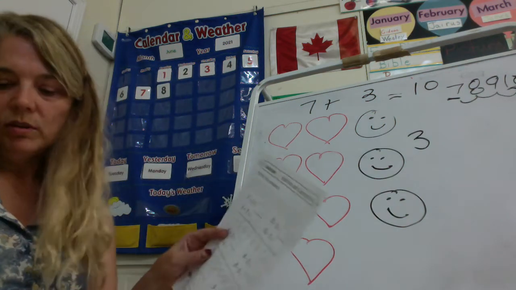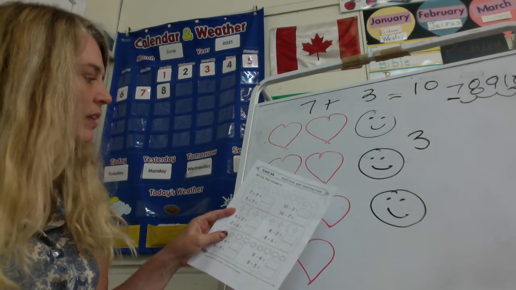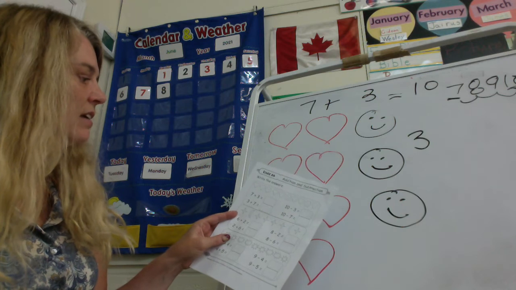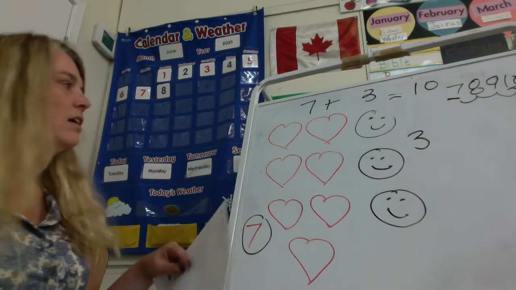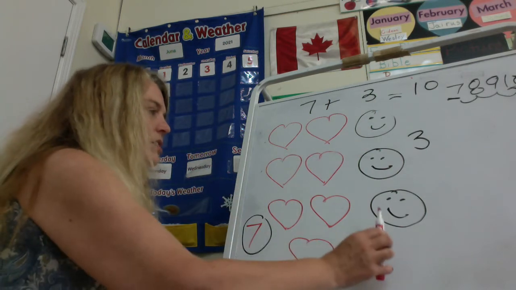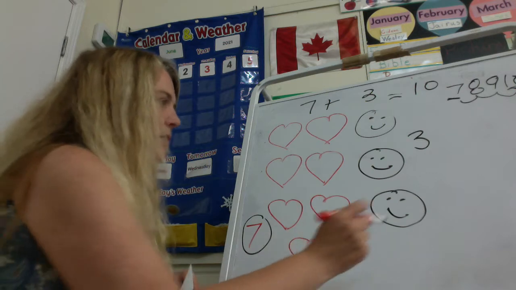All right, let's do one subtraction question with the hearts and the happy faces. 10 take away 3. So we have 10 pictures all together, hearts and smiles all together. 7 plus 3 is 10, so we know we have 10.